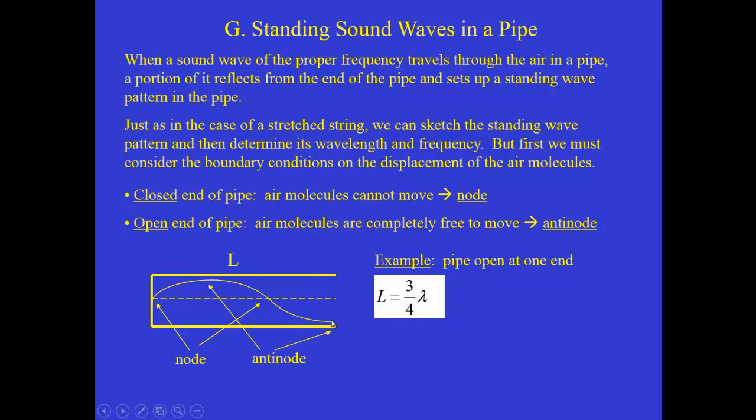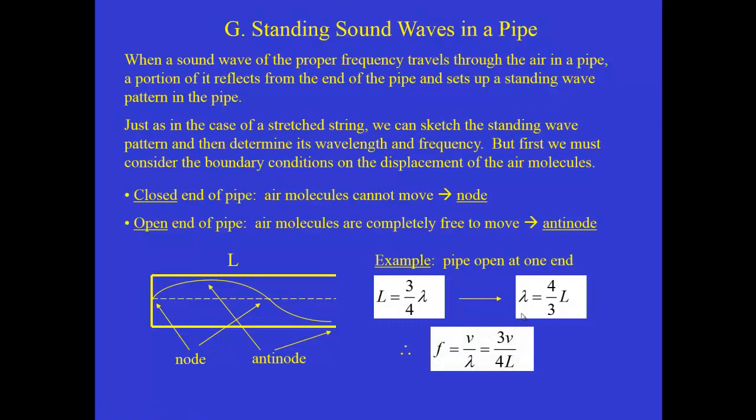To make a complete wavelength, the wave would have to go a little bit further outside of the pipe. And so the relationship between length and wavelength is given by L = (3/4)λ. If we solve that for the wavelength, we see that the wavelength is 4/3 times the length of the pipe. And of course, sound waves obey the same kind of relationship that all waves do. The frequency is equal to the velocity divided by the wavelength.